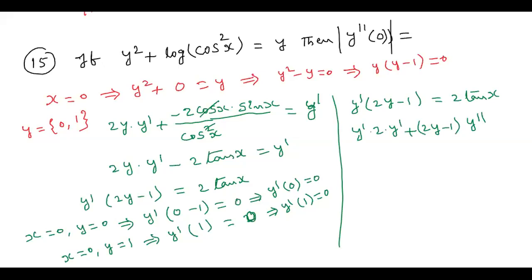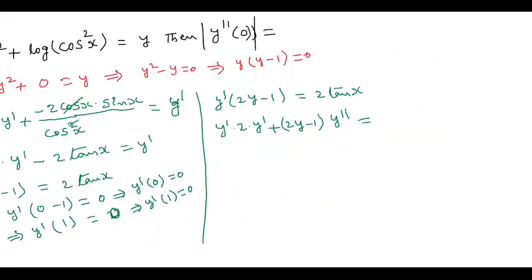Next, what is 2 tan x derivative? Derivative of tan x, that is secant square x. Now in place of x, substitute 0. Then what happens? Tell me. So here 2 into y dash whole square, that means y dash of 0 whole square, in place of x, I am substituting 0.